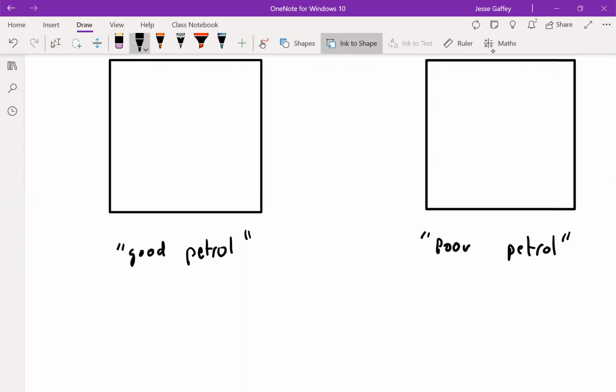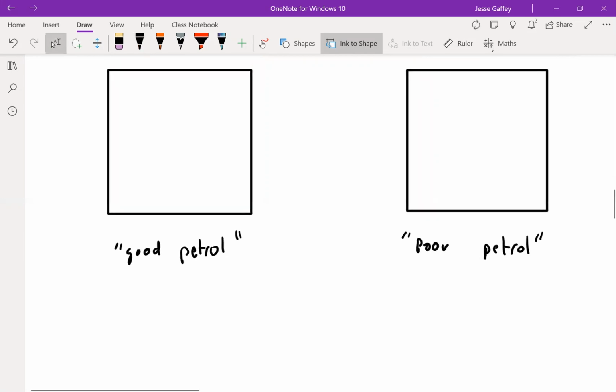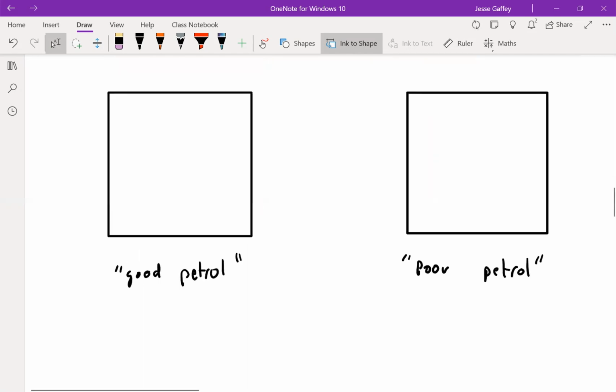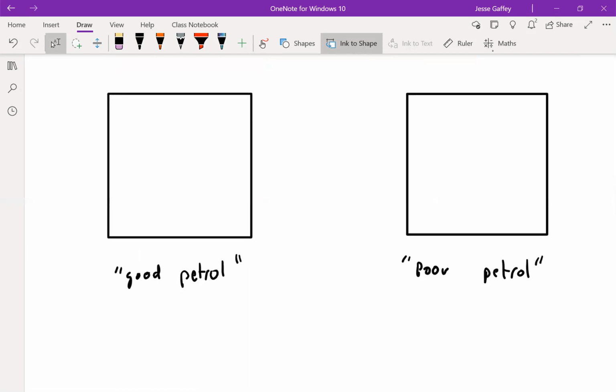Why is the one on the left good petrol? Well, if I was to zoom in and look at the molecules in here, I'm just going to draw the skeletal version or the skeletal formulas of the molecules. I would be seeing this.